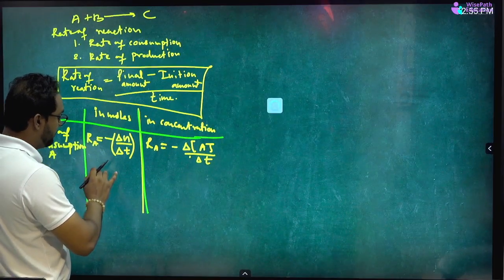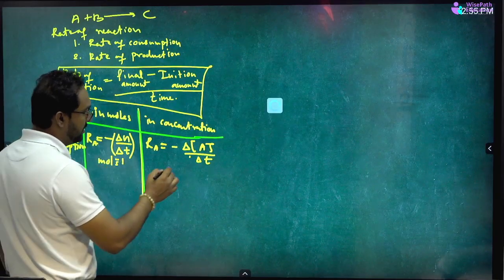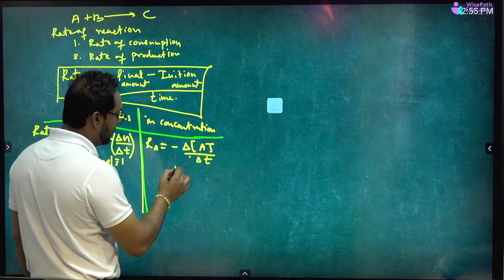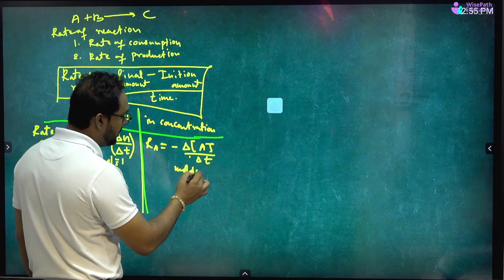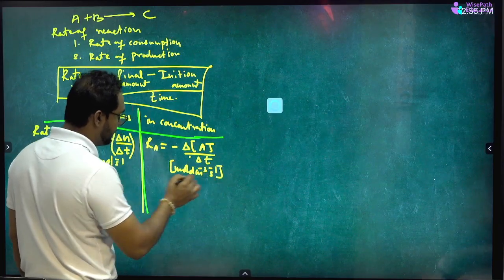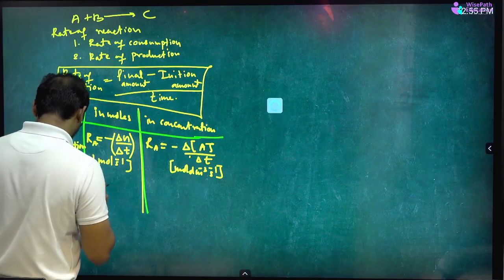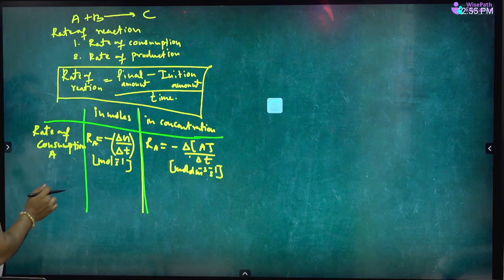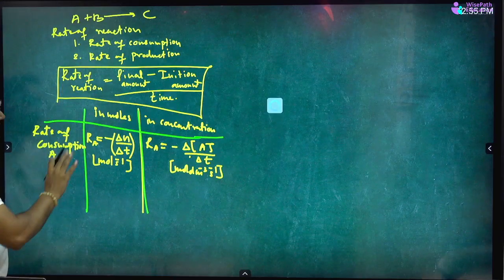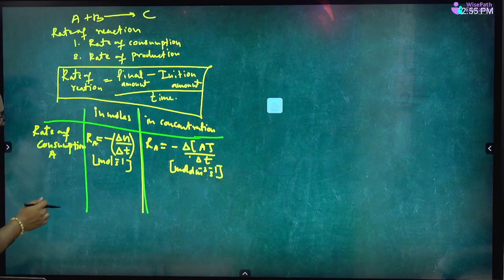And the unit of this will be mole per second. This will be mole per decimeter cubed per second. And rate of consumption of B will be the same.